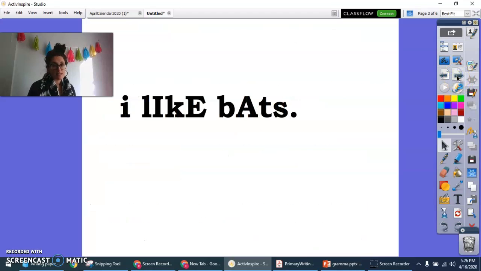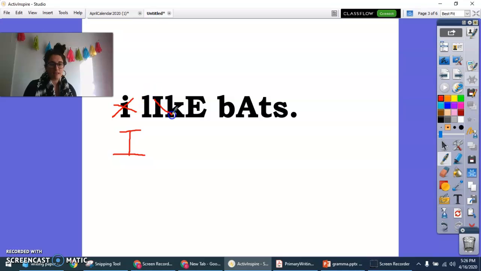Sometimes we see sentences like this. I like bats. Now, here we used some wrong uppercase letters. So here I would need to rewrite this letter I because this letter I is at the beginning of the sentence, so it should be capitalized. Then we have the word like.